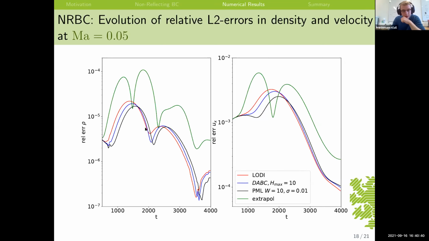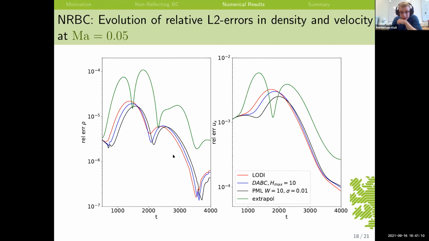And the good news here is that all of the non-reflecting boundary conditions show a very similar trend. So they do a comparably good job of capturing non-reflective features, and the level of the relative error is also very comparable, with a slight edge for the perfectly matched layer.